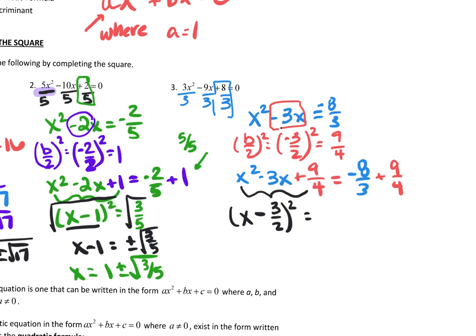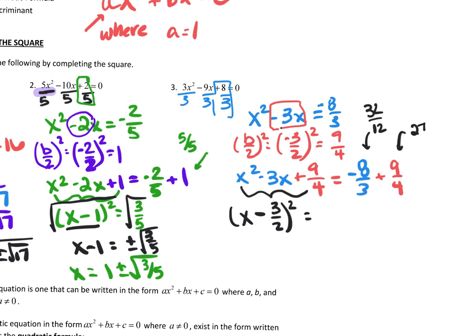So when we add negative 8/3 and 9/4, we have to convert them to the same denominator. So 8/3, we're going to go to 12 for both these. So 8/3, multiply that by 4, that's 32/12. I multiplied my top by 4, my bottom by 4, and I'm going to multiply these by 3.